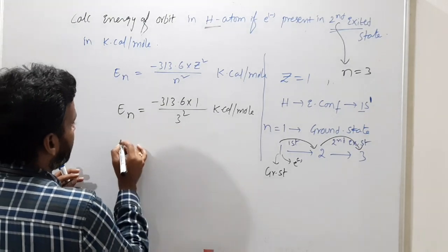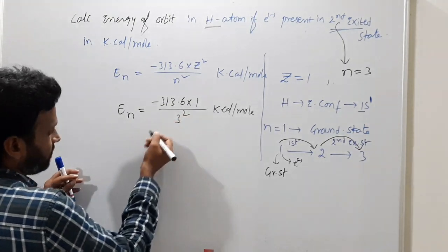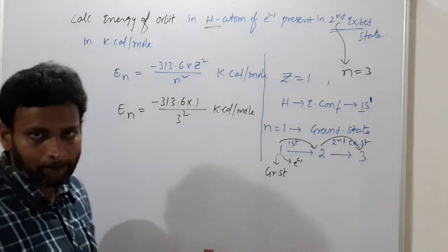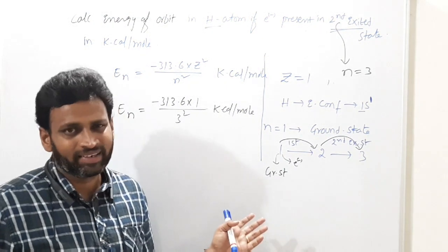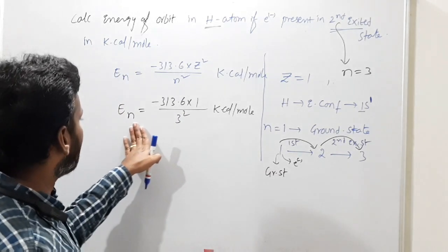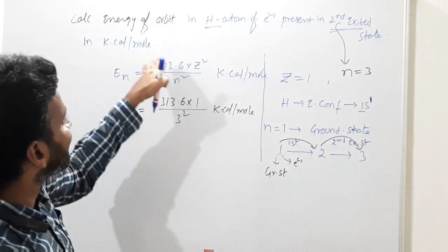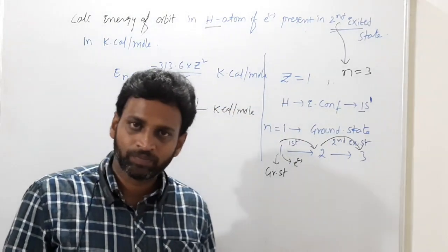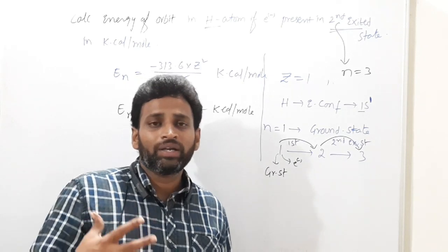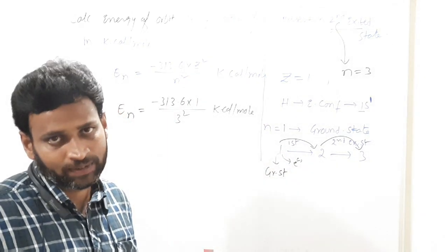So you please simplify this one: minus 313.6 by 9. You know 9 threes are, you can do it. Then I will get the energy of the nth orbit in kilocalorie per mole. Got it? So like this we have to solve different numericals.